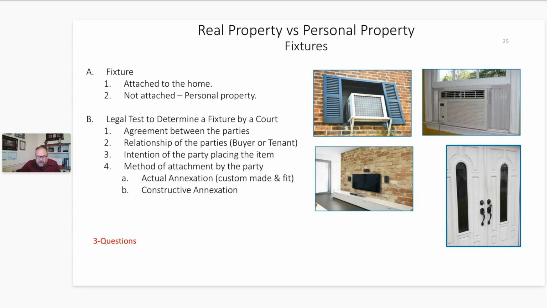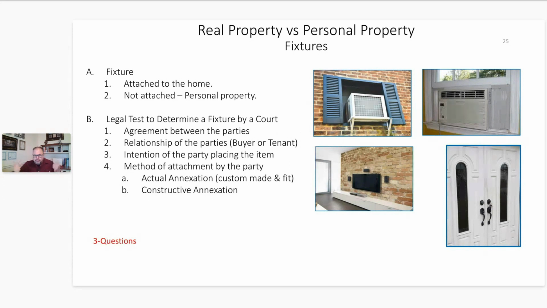Over the years, there have been so many discussions in legal battles over what's a fixture, what's not a fixture. Oh, the homeowner took this with him. It should have stayed with the house. And so on. And just scores and scores of legal battles over this. So the courts came up with a legal test that you want to know for the state exam, and also keep this in your little playbook when you're dealing with clients.